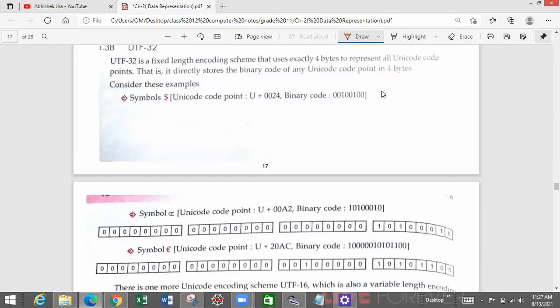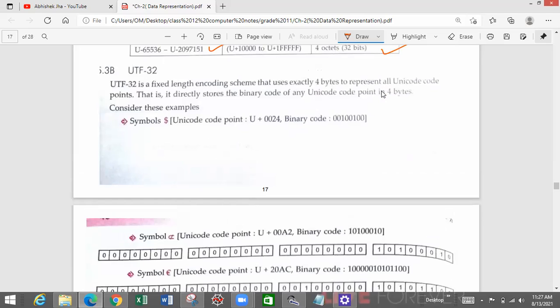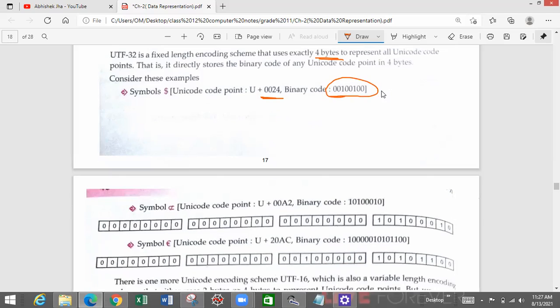Now the last part is UTF-32. Here it is a fixed coding scheme where a code is always written in a 4-byte representation. Always we will write 4 bytes of representation. Suppose you want to represent 24 and the respective code is this one. So this is only 8 bits. The remaining 24 bits will be filled with 0.